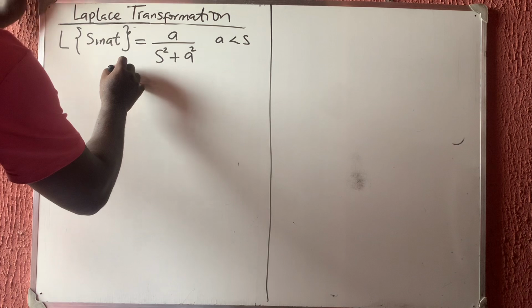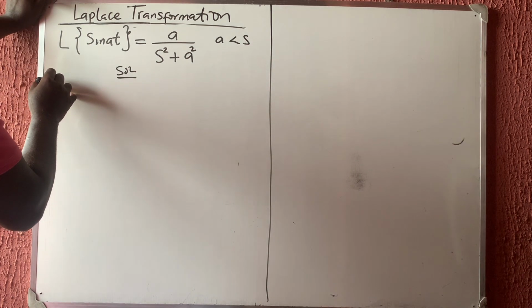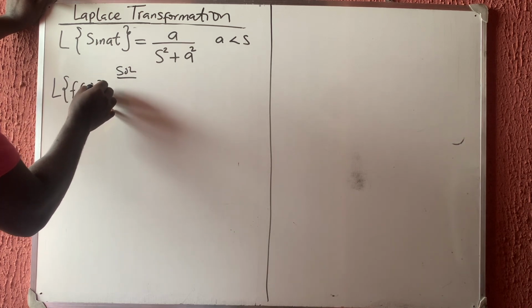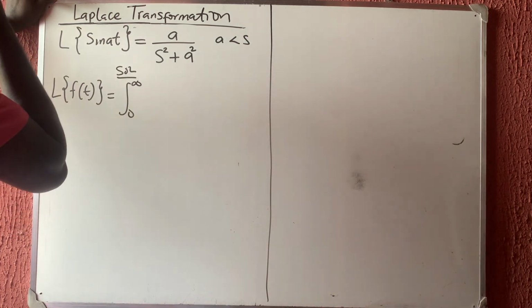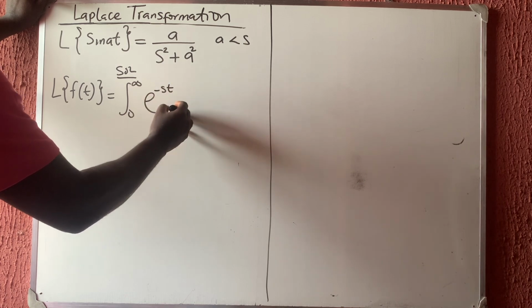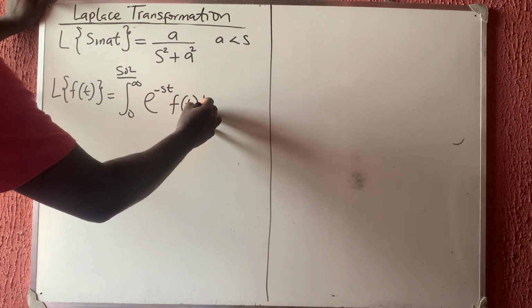The first one I'm going to use is that we know that the Laplace transformation of any function of t is equal to the integral from 0 to infinity of e raised to power minus st, then that function of t dt.